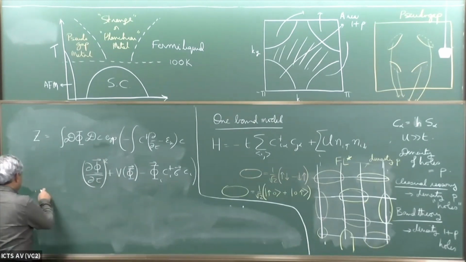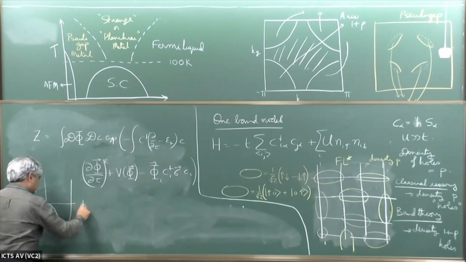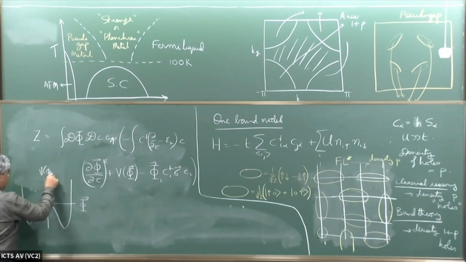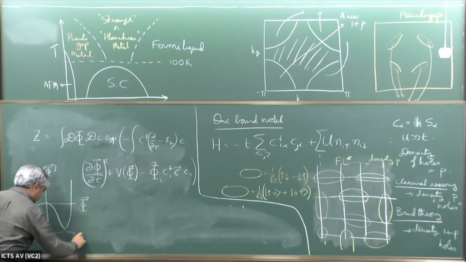V of phi, as usual, will have some Mexican hat-like shape, but it's in 3 dimensions. This is phi here in some direction, and this is V of phi. So the phi will basically fluctuate around here. And this region is a sphere.